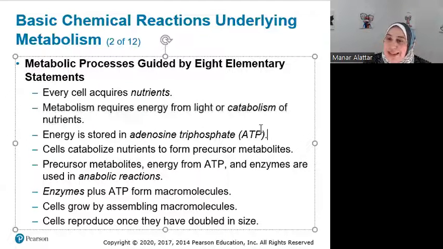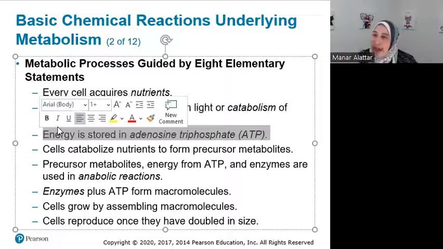We also need a currency, a way of storing that energy that is consistent. And so what you'll see throughout biology and microbiology and living systems is that although there's a lot of diversity, that diversity sits on similar standard concepts. So all living cells have the same currency of energy, which is a molecule called adenosine triphosphate, right?